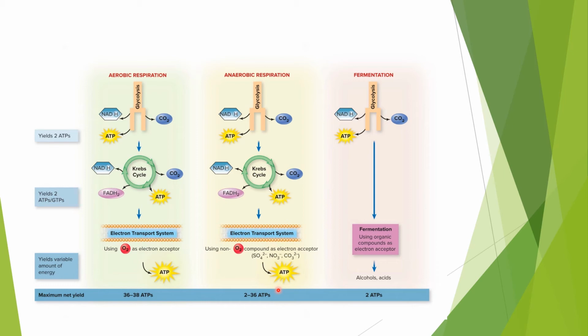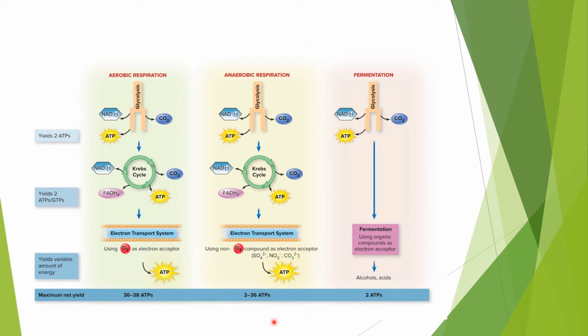But they will always, if we talk about facultative anaerobes, prefer aerobic respiration because, as you can see, more ATP will be produced via aerobic respiration versus anaerobic respiration, okay?